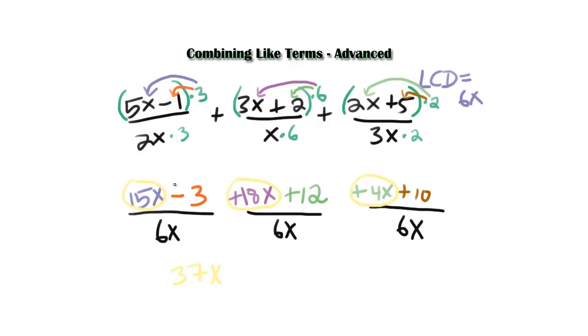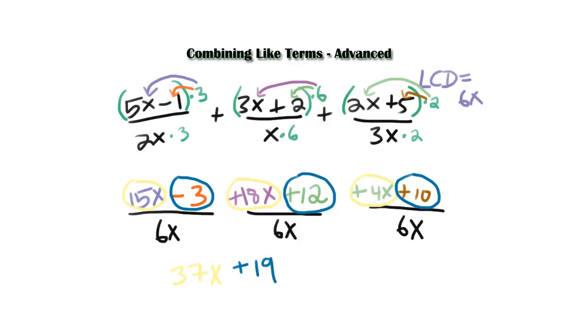Now let's do the same thing with the numbers, right? We have a negative 3 here, and then we have a positive 12, right? So that gives us a positive 9. Positive 9 plus 10, that'll give us 19. So let's put 19 positive here, right?